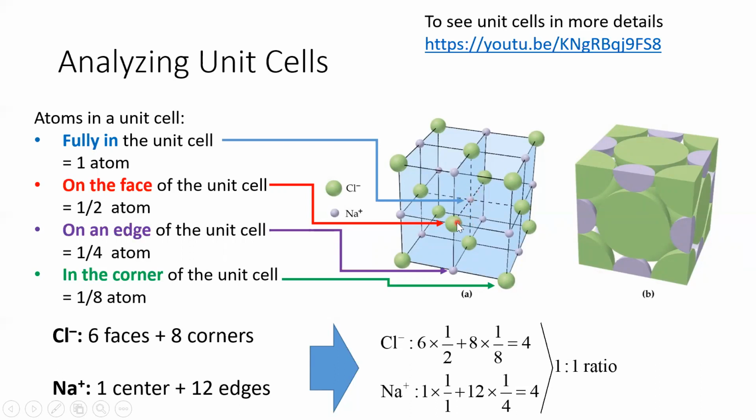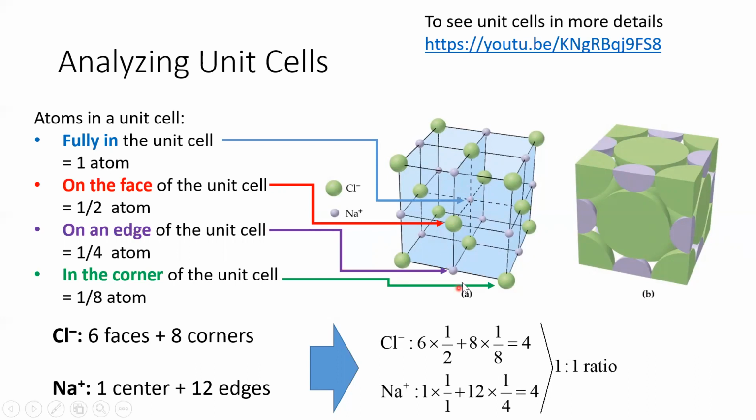If we were to look at the ones that are on the sides or the faces, we're essentially cutting that ion in half. Half of it would be associated with this unit cell. The other half would be associated with the unit cell next to it.